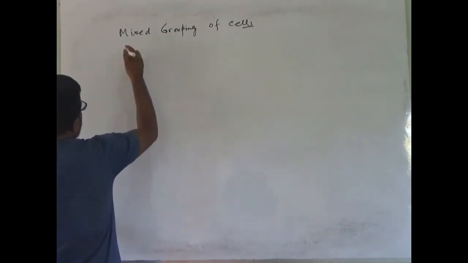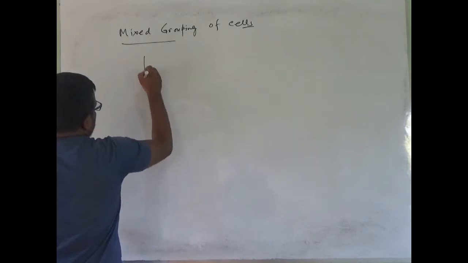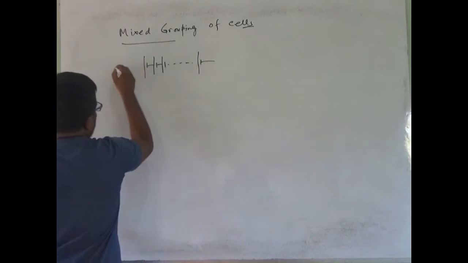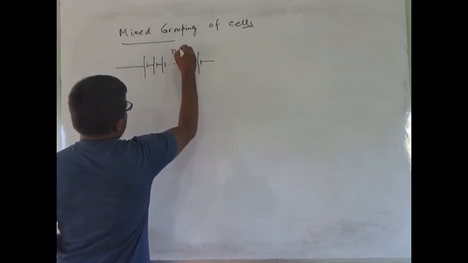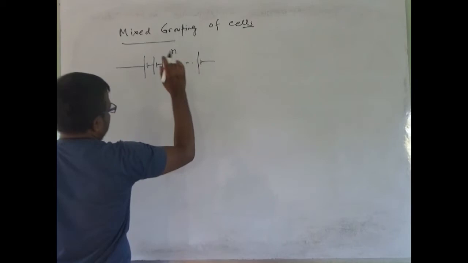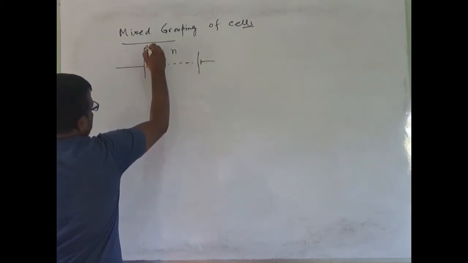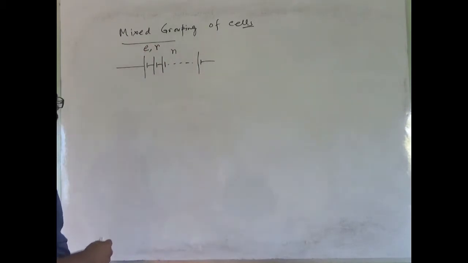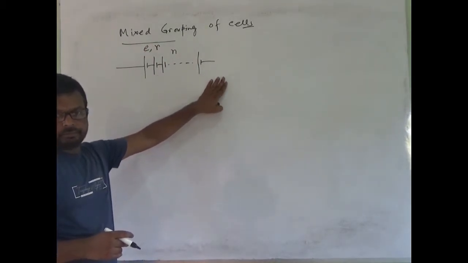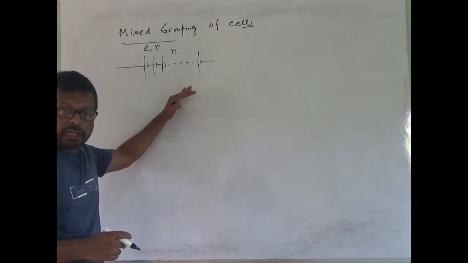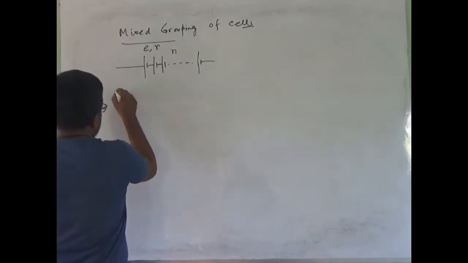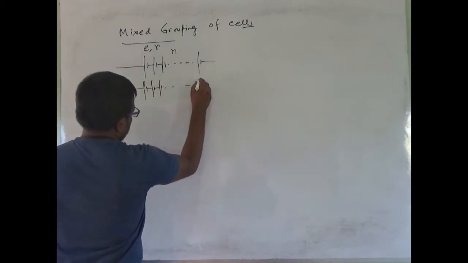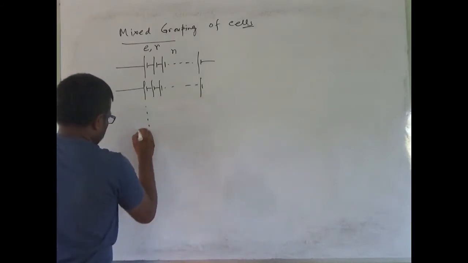Now see here. Here are n number of cells, each cell of EMF small e and internal resistance small r. This is one line, and we take small m number of lines, the same. This is the second line, dot dot dot.